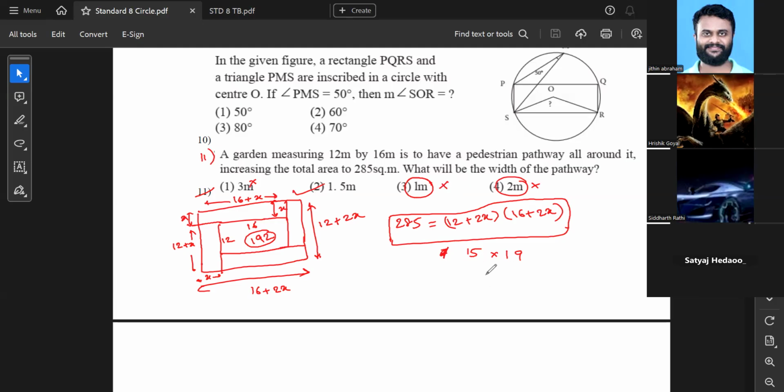You can cross verify. Try multiplying 15 into 19, you will get 285 only. Since the left hand side and right hand side are matching, your quadratic will also give you the same answer only. Quadratic is basically a method to find the value of x, so you will definitely get the same answer, 1.5. But for that, you will have to spend a lot of time. Okay?